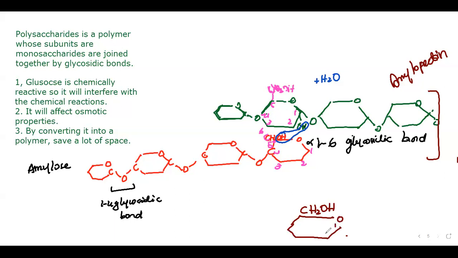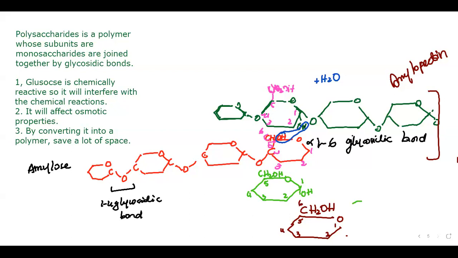So this is sugar number 1, sugar number 2, sugar number 3, sugar number 4, sugar number 5, and this is sugar number 6. Then I will have this is sugar number 1, sugar number 2, sugar number 3, sugar number 4, sugar number 5, and this is sugar number 6.